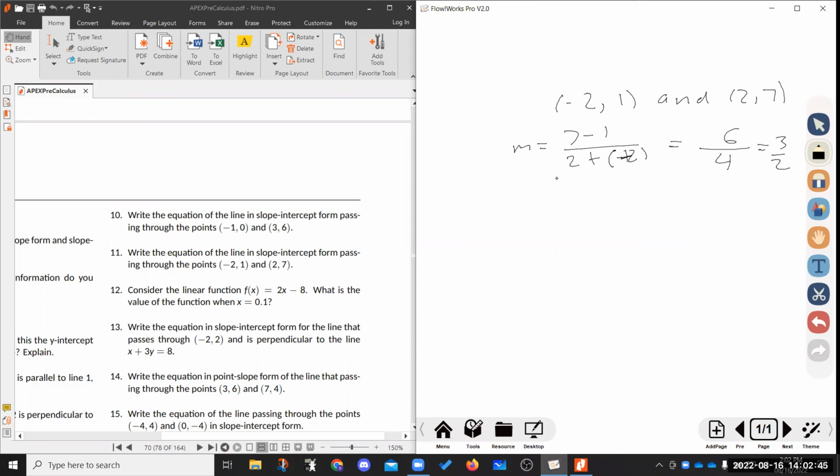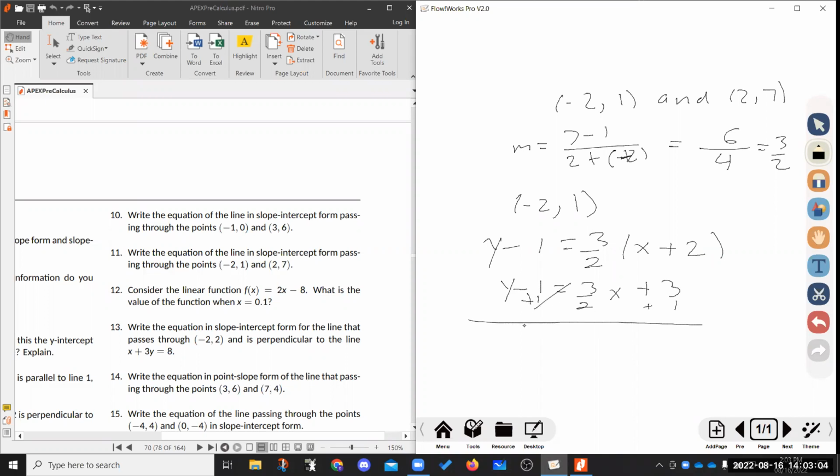So I'm going to pick the first point, (-2, 1). y minus y1 equals m times x minus x1. y minus 1 equals 3/2 x plus 3. Like that.